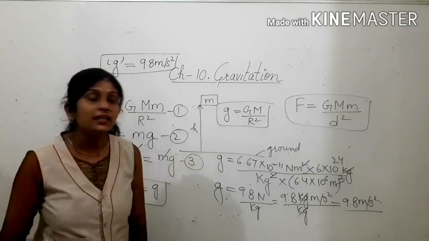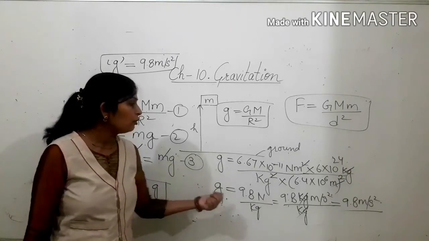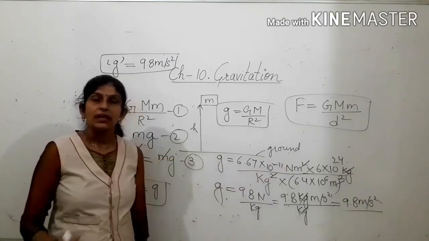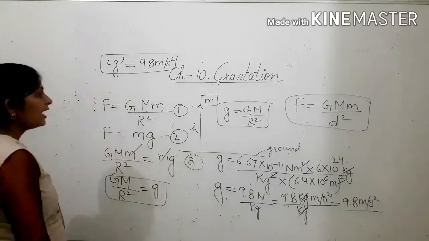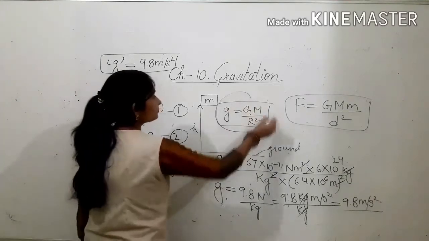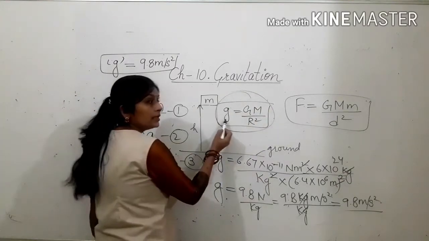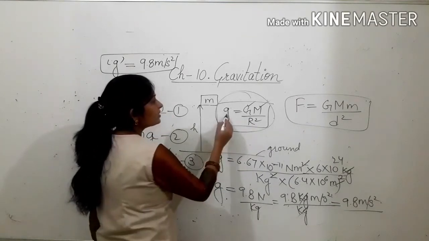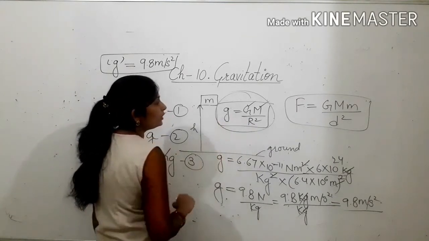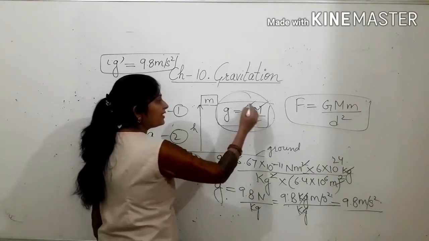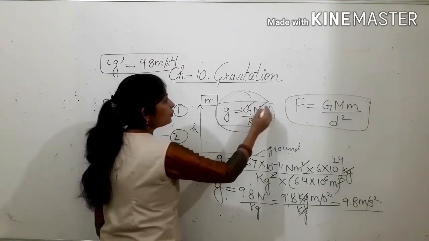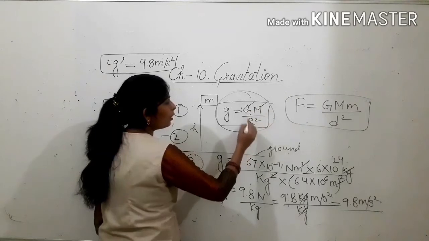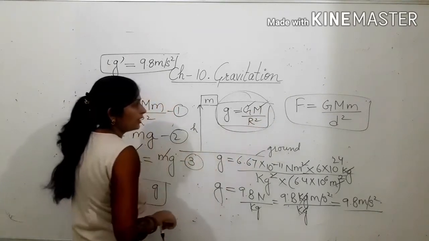Then how does it affect the value of small g? It affects because, as you have seen, small g is equal to GM upon r square. Acceleration due to gravity is equal to gravitational constant into mass of the earth upon radius of the earth square.